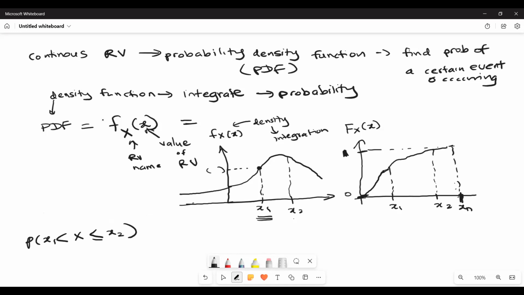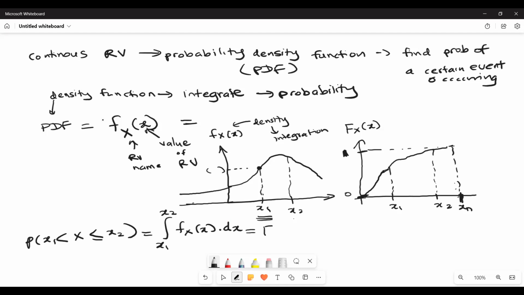So I want to find the probability of the outcomes staying between these two values, and that can be modeled as the integration between x1 and x2 of f(x) dx, right? So rather than finding this integration, we can quickly find it using the cumulative function if we have the cumulative function values.